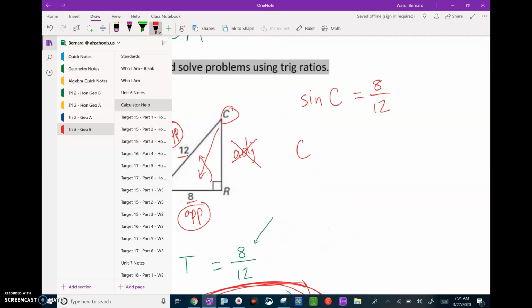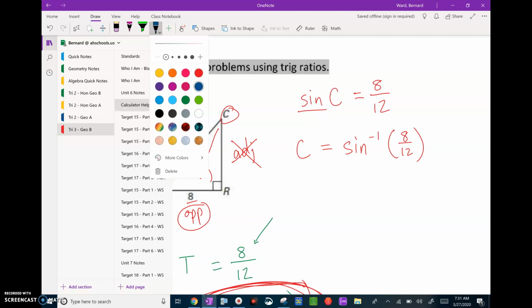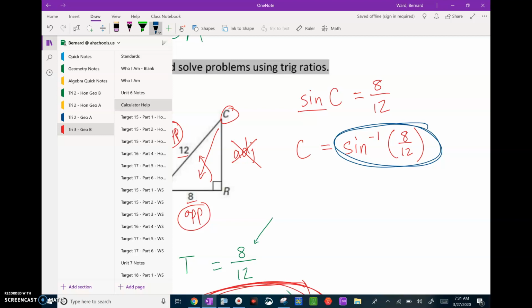We will get what angle C is if we do the opposite of sine, which is the sine inverse, so the sine -1, and we do it to that fraction of 8 divided by 12. And so, just like before, this is what we want to type into our calculator, sine inverse of 8 divided by 12. And whatever it gives us, as long as we're in degree mode, will be the answer to the degree measure of angle C.